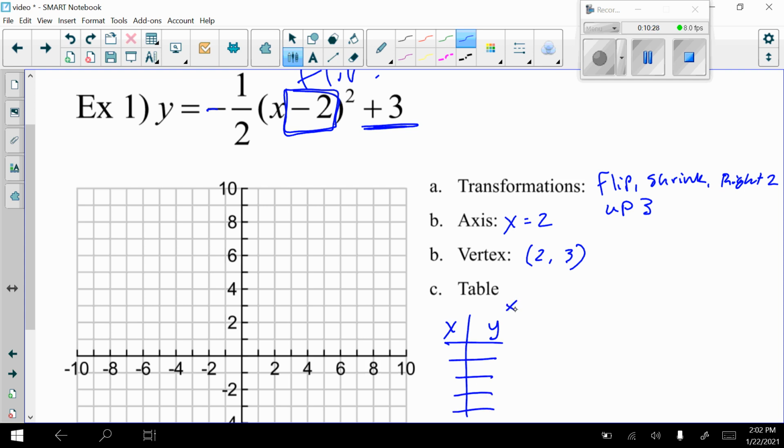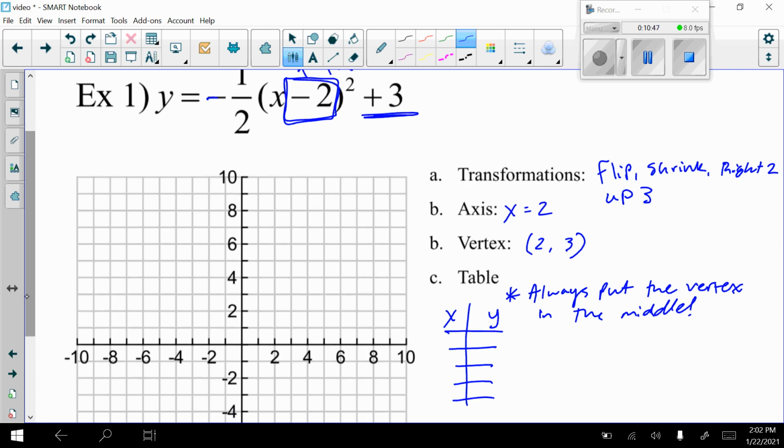Big rule that we need to remember: when we build a table, we are always going to put the vertex in the middle of the table. I think I've mentioned that already, but it's going to be really important for us now. So my vertex (2, 3) is going to be the point that I put in the middle of my table. And then I'm going to go up 2 points and down 2 points.